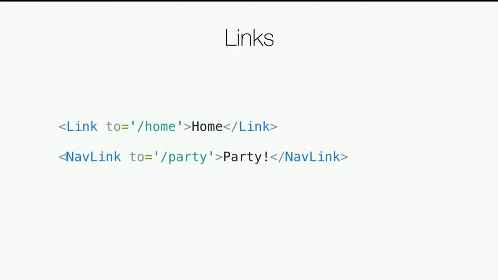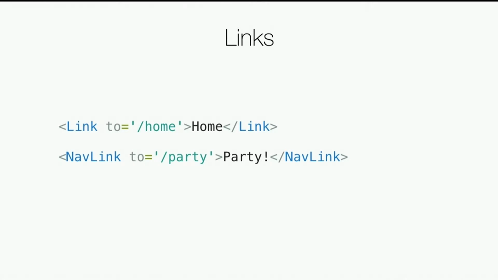So how do you get to different paths? React Router gives you a couple ways. So if you think about how a web page normally works, you click on a link, right, to take you to a different page. So React Router gives you components to do that. Link and NavLink, and pretty easy to use. You just tell it where you want it to link to. So the to argument just takes a string that says what path you want to go to.